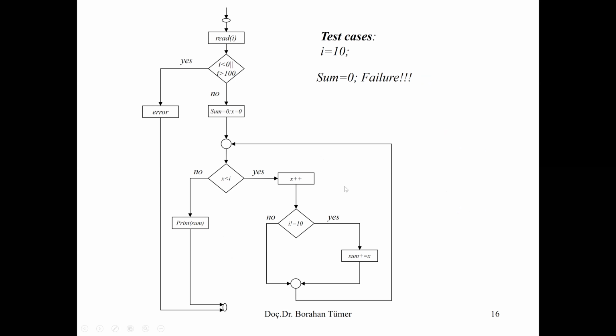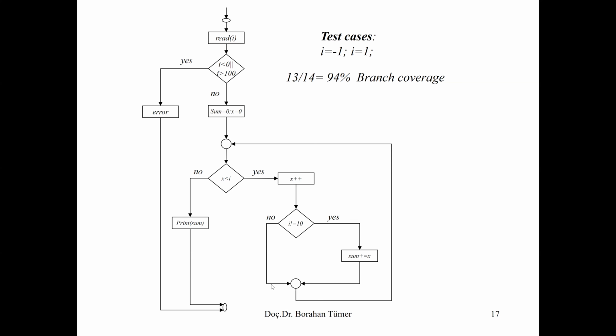Now this time, without the test case I equal to 10, with only these 2 test cases, I have a branch coverage of 94%. Why is that? Now with 10 missing, with only these 2 test cases, I don't cover this one.